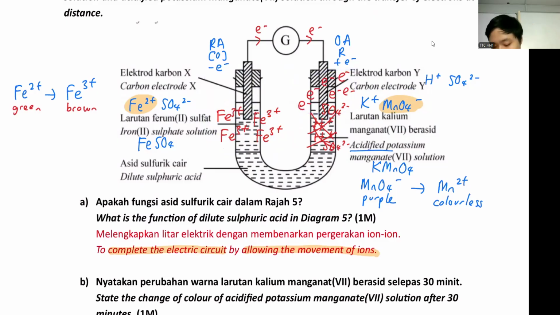At one point, this part is too negative, and this part is too positive because no negative. So at one point, the problem is the electron will stop moving. Stop moving meaning the electron cannot flow anymore.